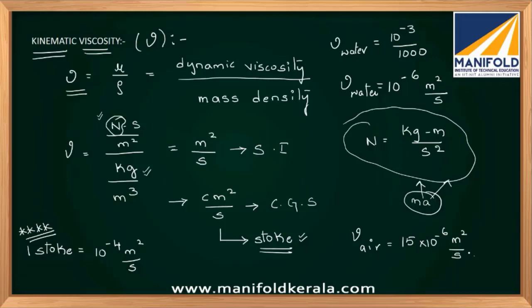So you can easily write the relationship between kinematic viscosity and dynamic viscosity. These are two important standard values which need to be always remembered. This is the kinematic viscosity of the fluid. Any doubts in kinematic viscosity?